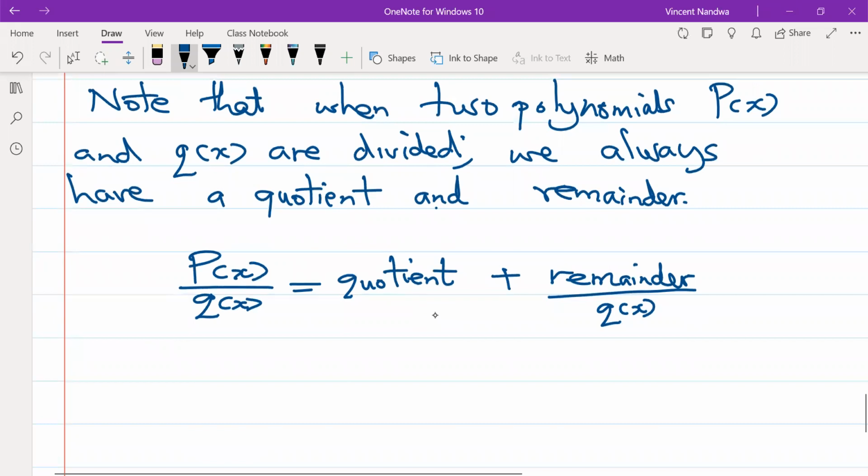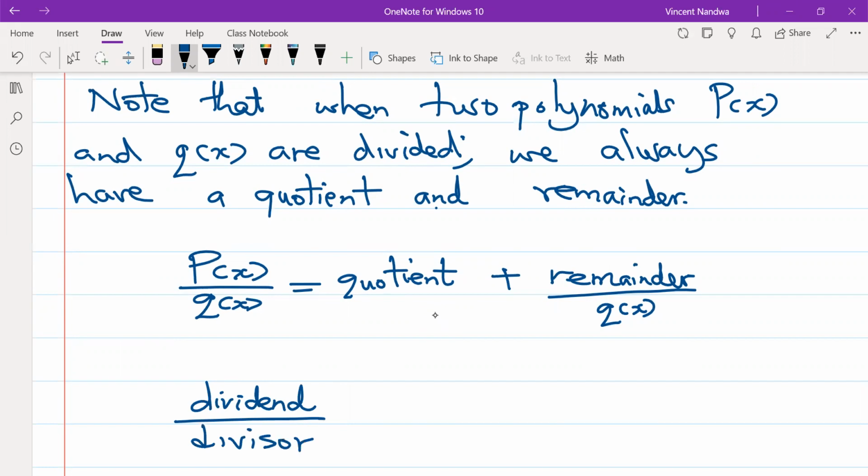So in general, if I have dividend divided by, so what we are dividing by is called divisor, must always give us quotient plus the remainder over the divisor.